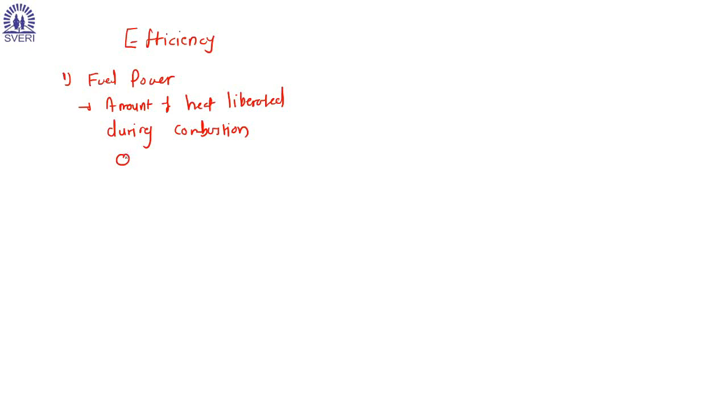If I give it as a heat addition at constant volume, that is QH, that will be equal to mass flow rate of fuel into its calorific value. The calorific value, as we know, is measured as kilojoule per kg of the fuel. So the first efficiency we'll see is indicated thermal efficiency.